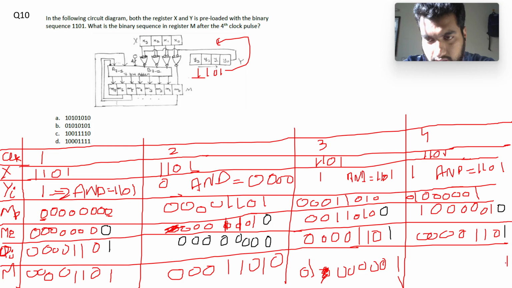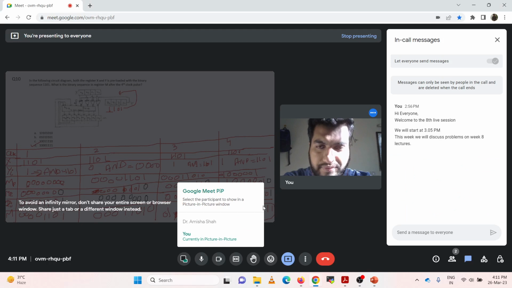So this will be 1 1 1 1 0 0 0 1. So after 4 clock cycles, my output will be 1 0 0 0 1 1 1 1. So option D is my correct answer.